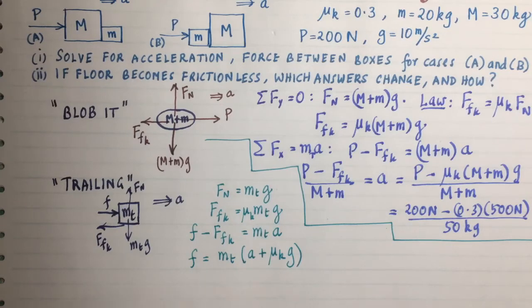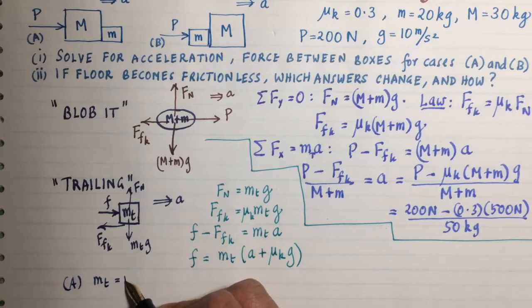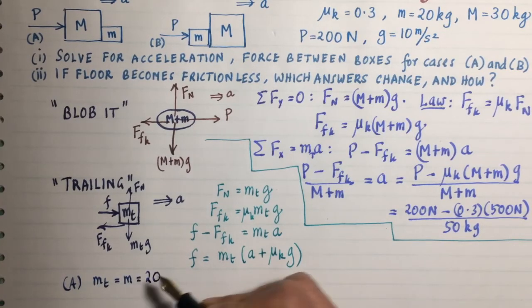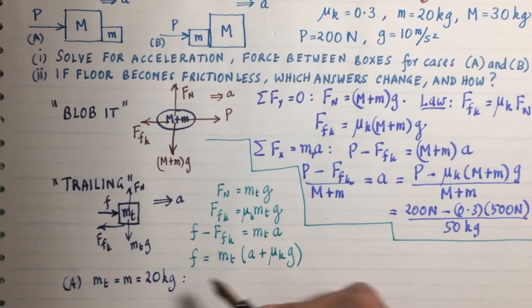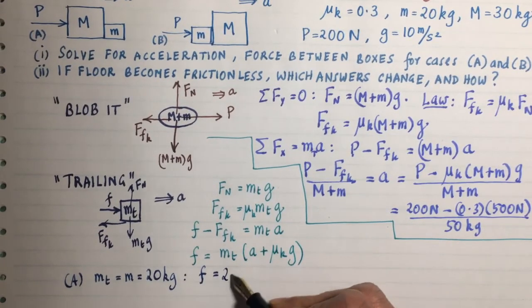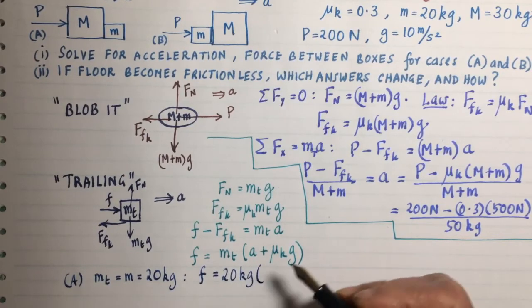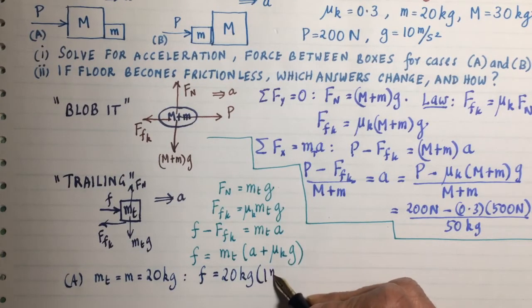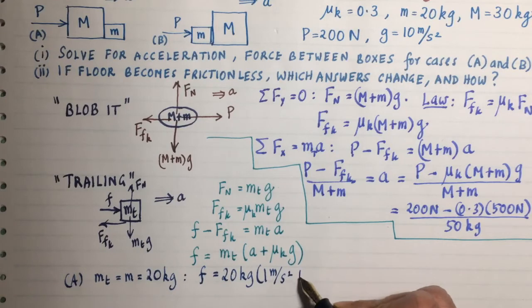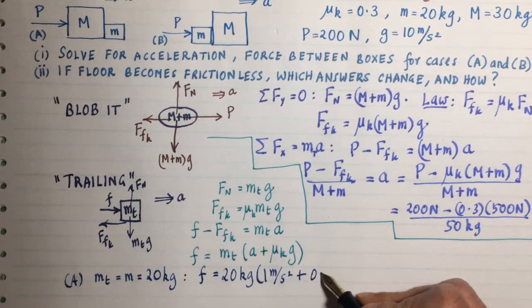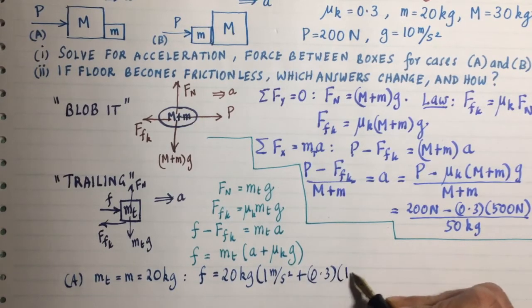Here, keep in mind your initial guess as to which is more. So if the trailing mass for case A is little m, which is 20 kg, then F, the force between the two blocks, is going to be 20 kg times the acceleration, 1 meter per second squared, plus mu sub k, which is 0.3, times 10 meters per second squared.